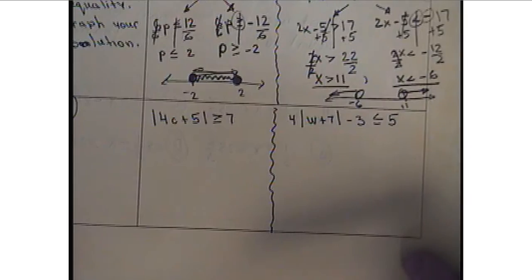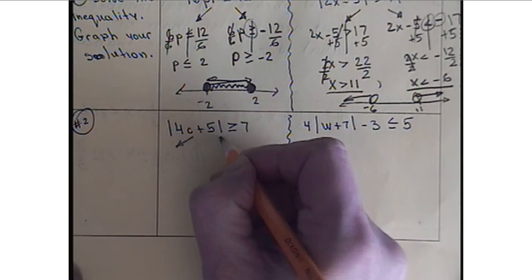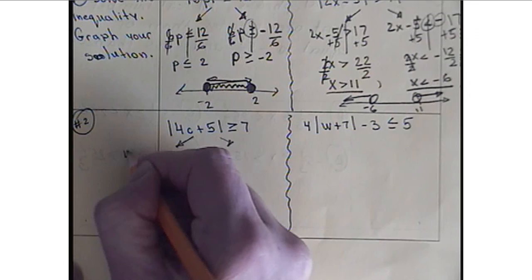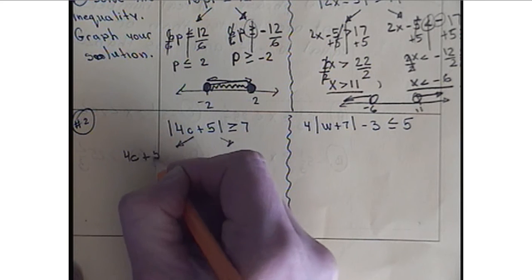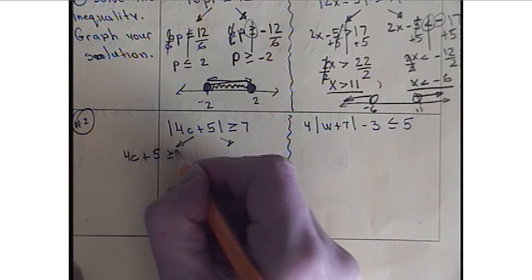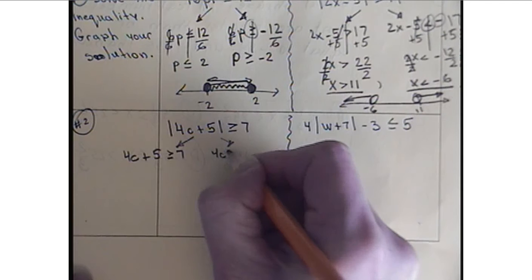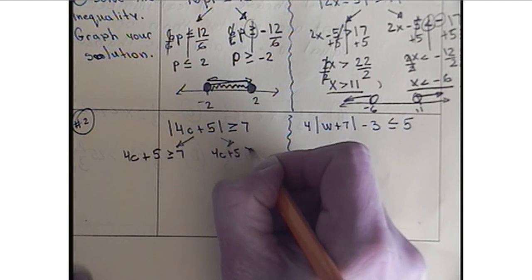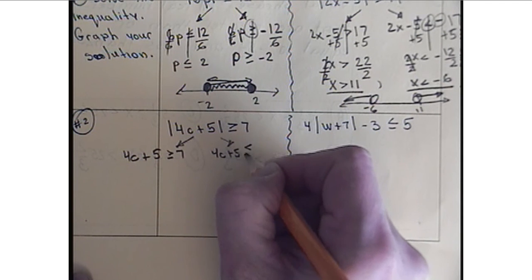Another couple of examples. We have the absolute value of 4c plus 5 greater than or equal to 7, and 4c plus 5 will be less than or equal to negative 7.